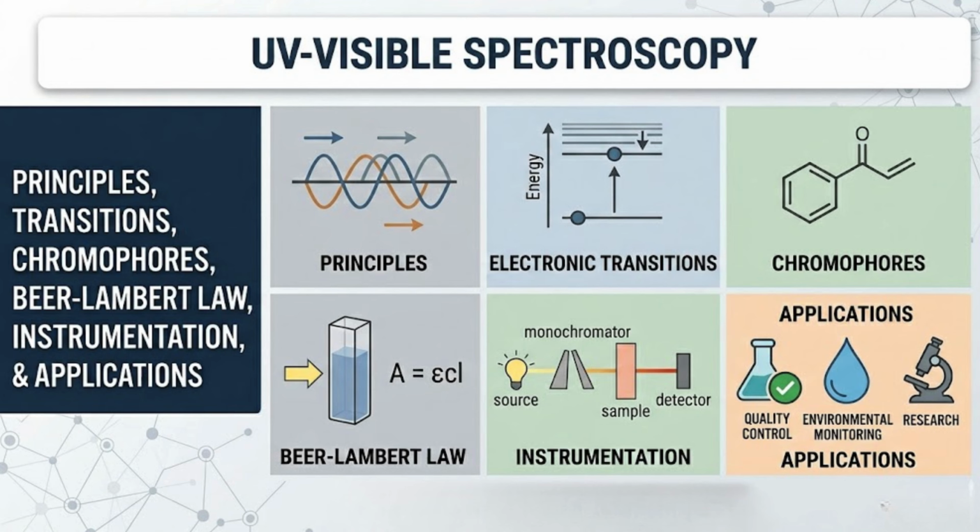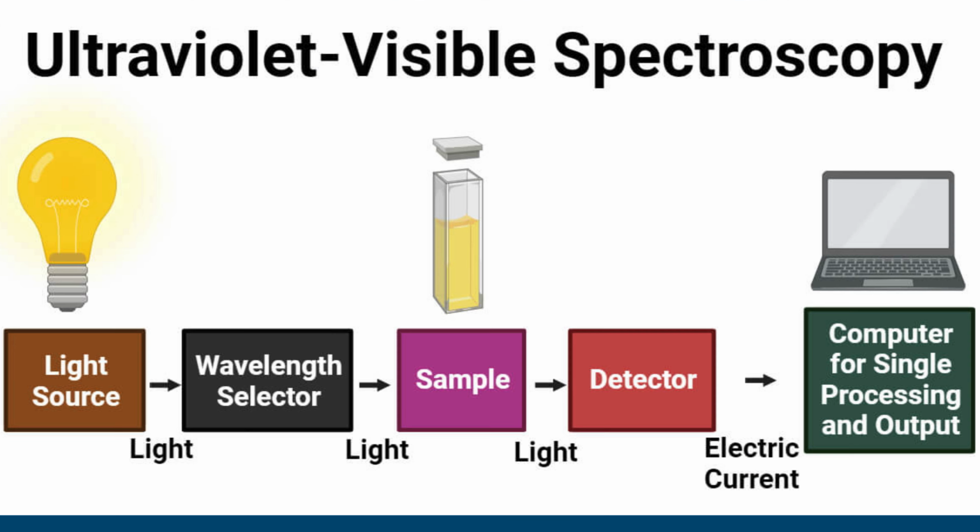UV-Vis spectroscopy is a widely employed analytical technique that probes the interaction between electromagnetic radiation and matter in the ultraviolet, 200 to 400 nanometers, and visible, 400 to 800 nanometers, regions. It provides both qualitative and quantitative insights into molecular structure, electronic transitions, and concentration of analytes.